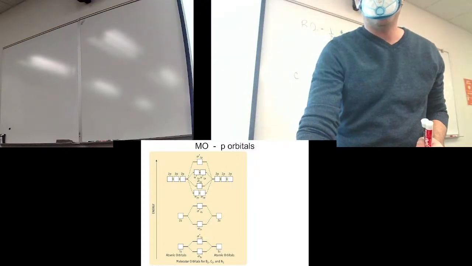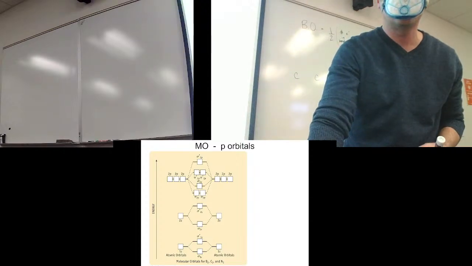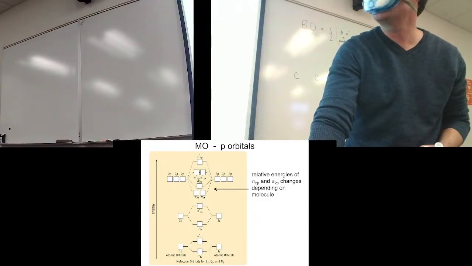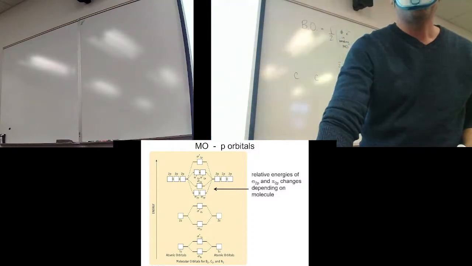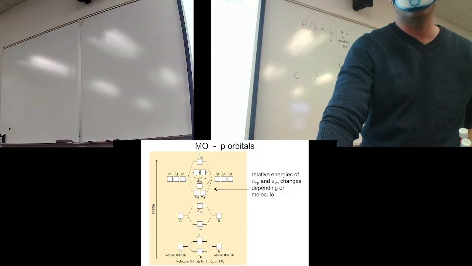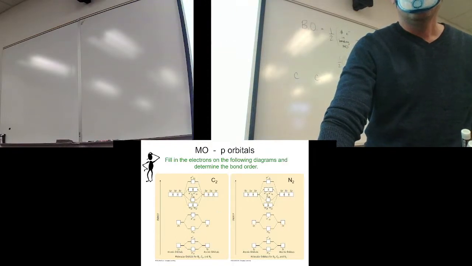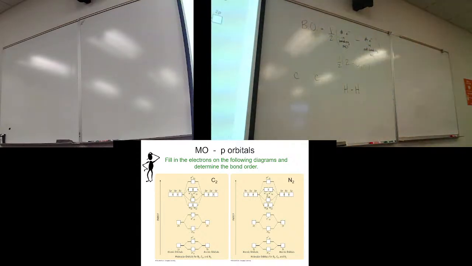Now let's look at more complicated bonds between, for instance, 2 carbons, 2 nitrogens, 2 oxygens. Maybe we can solve the dilemma of why nitrogen N2 is diamagnetic and oxygen is paramagnetic. So here's 2 carbons. How do we fill this? We're looking at the entire orbital picture, not just the valence.